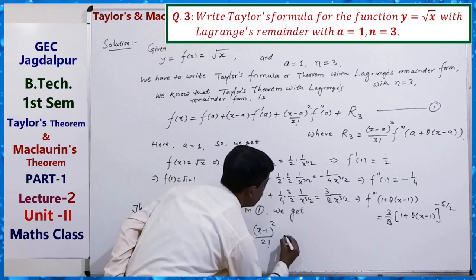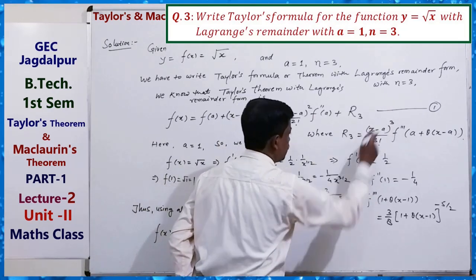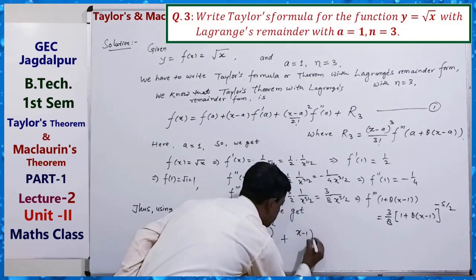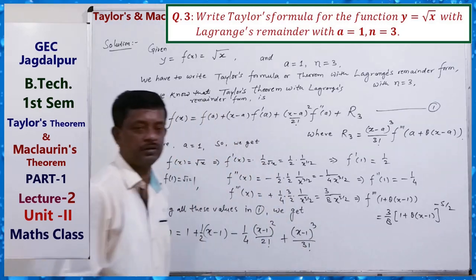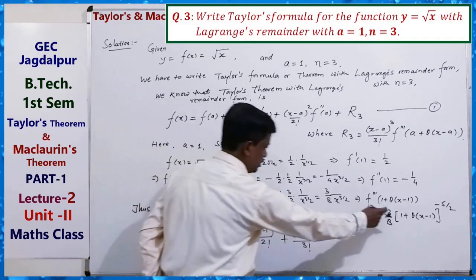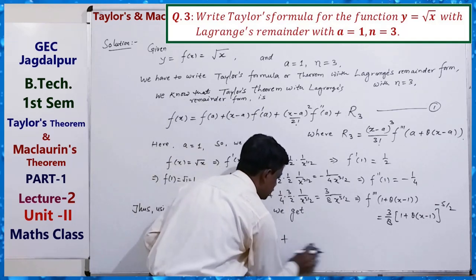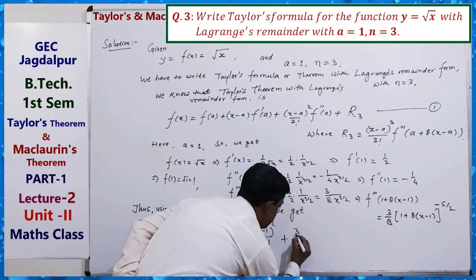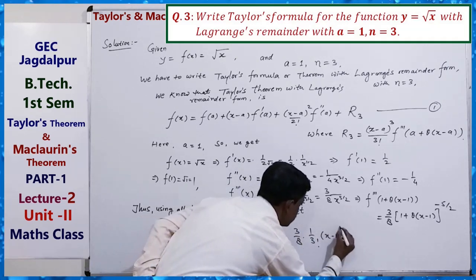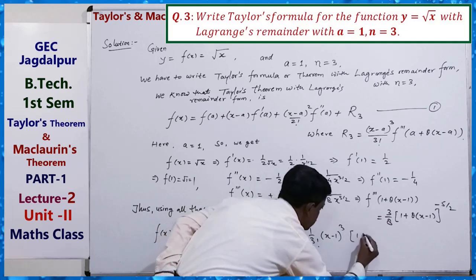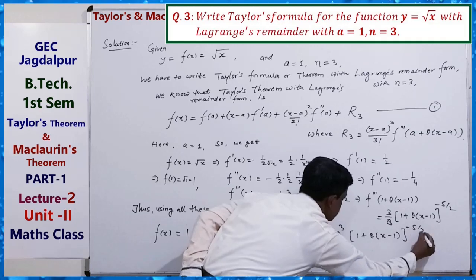plus R3, which can be written as (x minus 1) power 3 upon 3 factorial into this: 3 by 8 into 1 upon 3 factorial, (x minus 1) power 3, and this, (1 plus theta x minus 1) power minus 5 by 2.